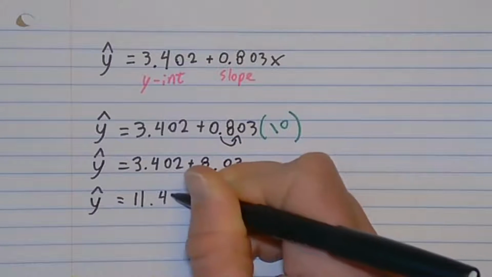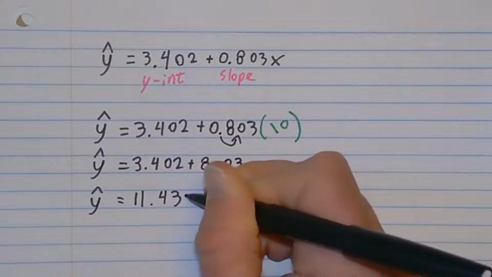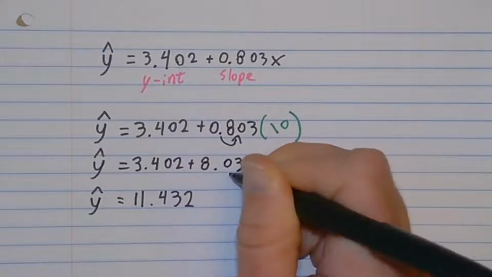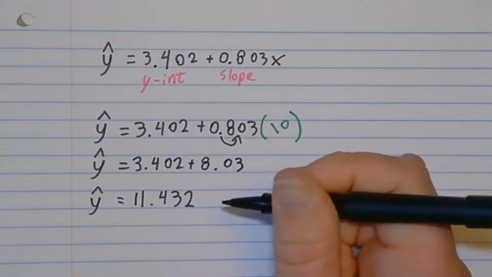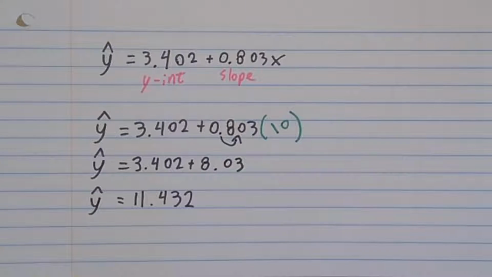So our model predicts, when I add these together, that if I have 10 people in my family on a 1 to 10 scale, they're going to rank embarrassment at over 11. Their embarrassment goes up to 11. So the model didn't work.